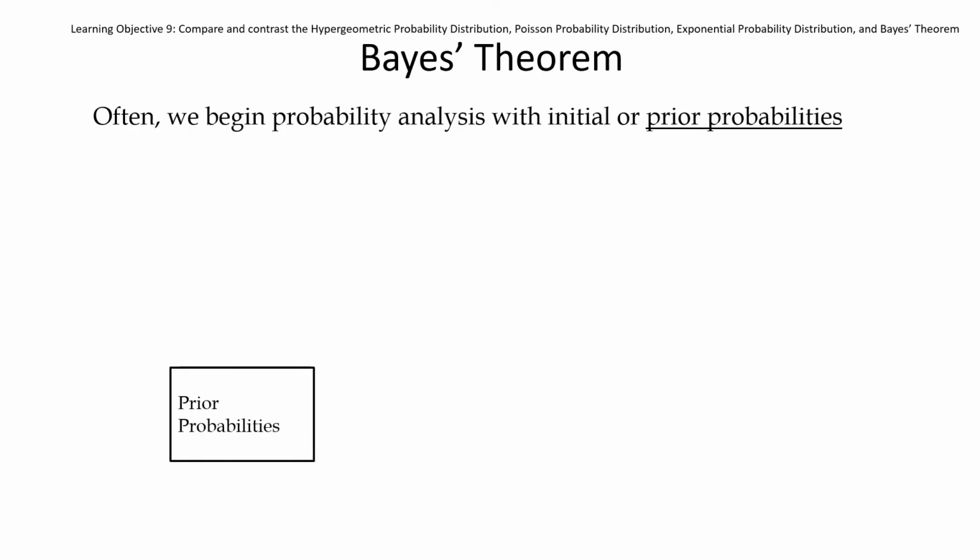Then we get to the last distribution, and I'm not going to spend too much time on it. If we spent multiple weeks on probability, this would be like 10 slides just for the Bayes theorem. But the Bayes theorem is all about looking at how probabilities change when you get new information.